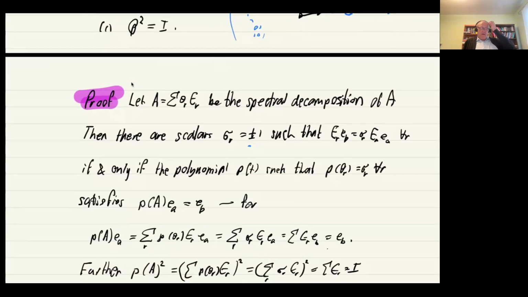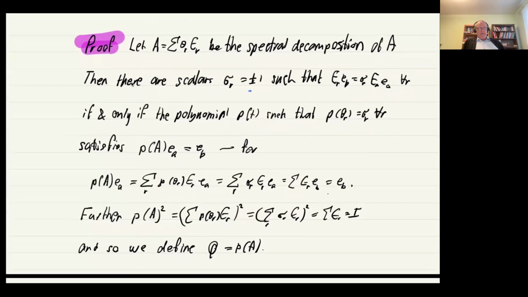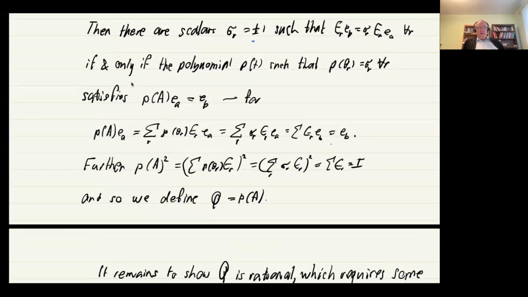And what we want is p(A), this polynomial in A, applied to e_a to give us e_b. Now, why do you want that?